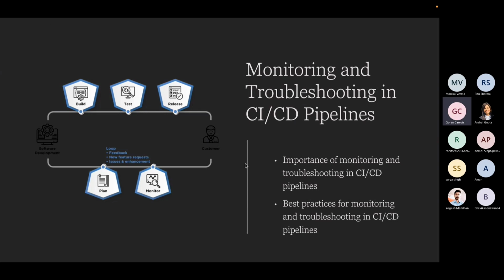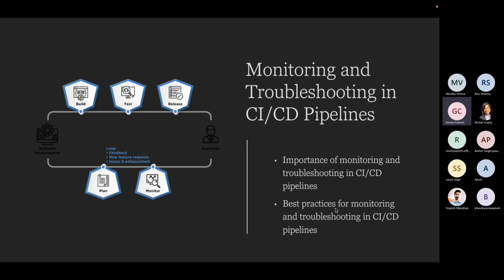Some of the best practices are automated monitoring. Basically, you can use automated monitoring with tools like logs, performance metrics, and events. Automated monitoring can help you identify and report problems as soon as they occur so that they can be addressed before they cause major disruptions.